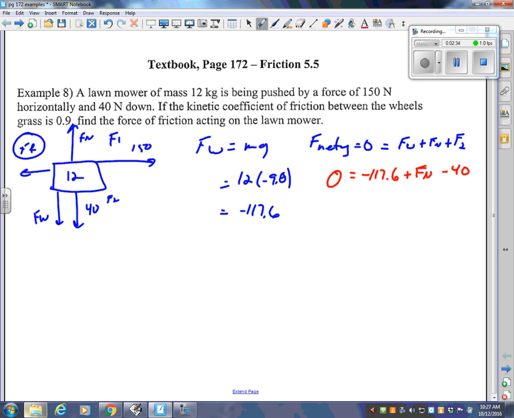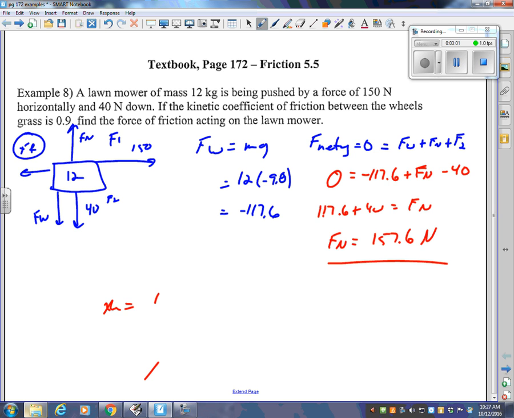So you're actually making a bigger Fn, right? So I'm going to take the 117.6 and the 40 to the other side, and I'm going to get 117.6 plus 40 is my normal force, and my normal force then is 157.6 newtons. Right?